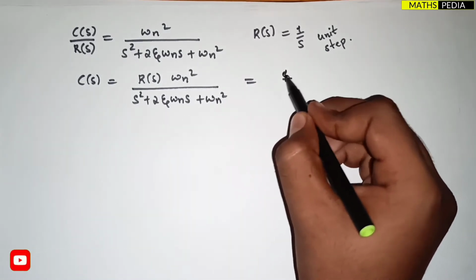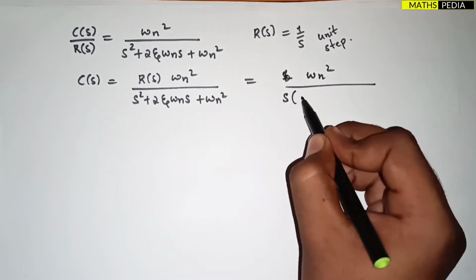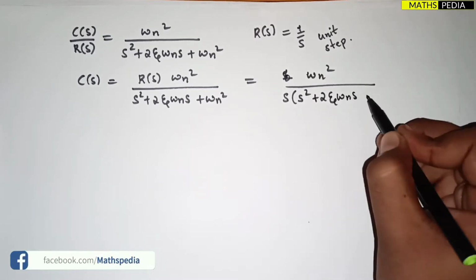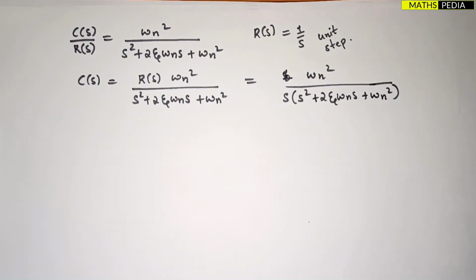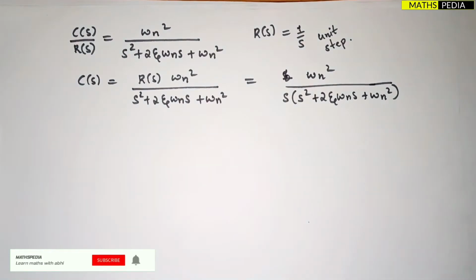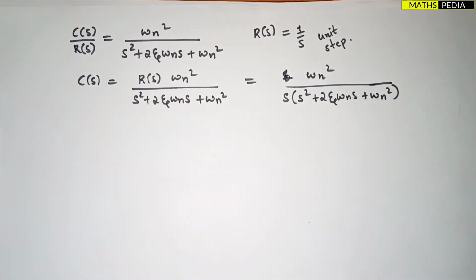So C of s is omega n square by s into s square plus 2 zeta omega n s plus omega n square. 1 by s automatically comes to the denominator as the s part. Anyways, when you multiply with omega n square, it will be the same thing.